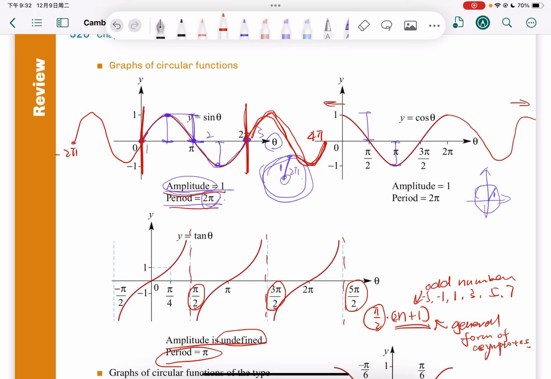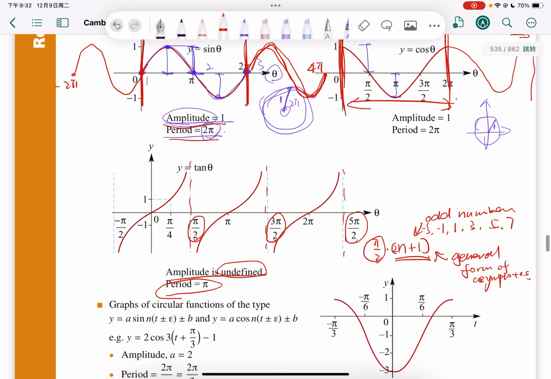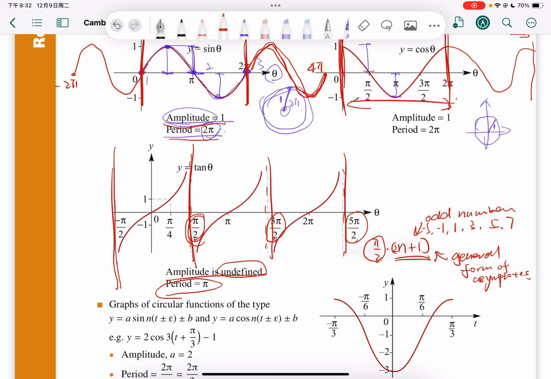Same for cos, you need an initial point and a final point, which is 2 pi between them, and after the 2 pi, you start a new period. Same for tangent. If you take asymptotes as the boundary of the period, you can have this as a whole period, and after pi on 2, you can have a new period, and a new period, and so forth and so on. So the period is pi.